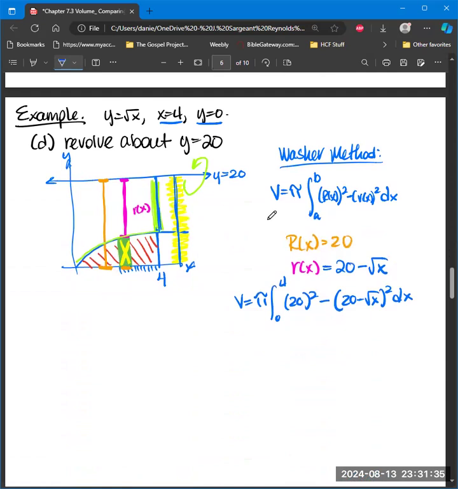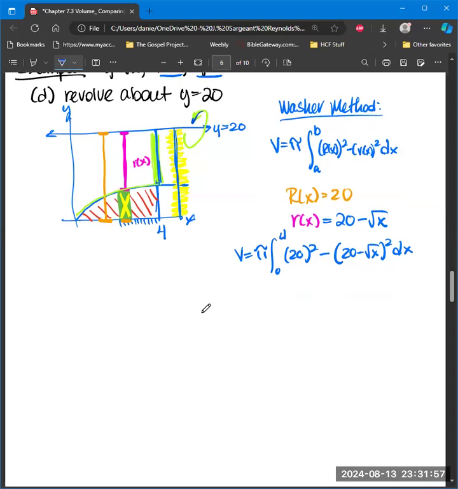Now, if we have y equals the square root of x, and we again want to go between 0 and 4 here to get this area, and we want to revolve it around y equals 4, we're going to have to use the washer method. We did this in our example D before.